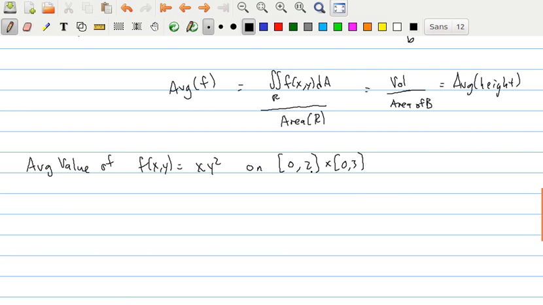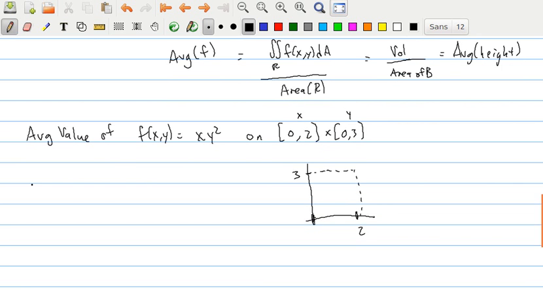Now this notation here is shorthand for saying the x's will range from 0 to 2. So this is our first variable. And the y's will range from 0 to 3. So that's giving us this rectangular region, this box. So to figure out the average value, first, if we look at the area of the region, this region is a rectangle, so the area of the region is 6.